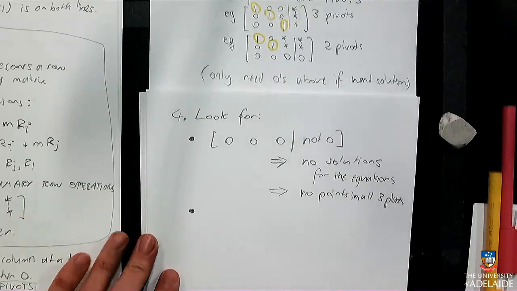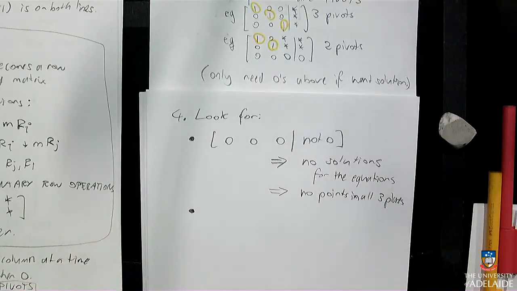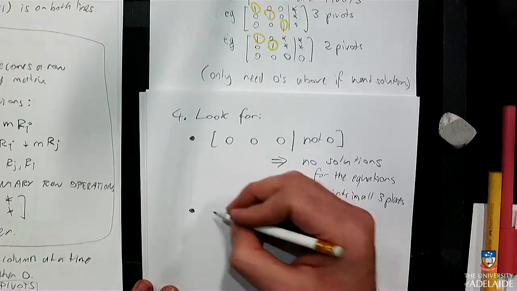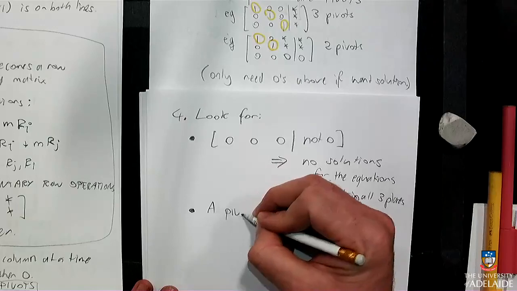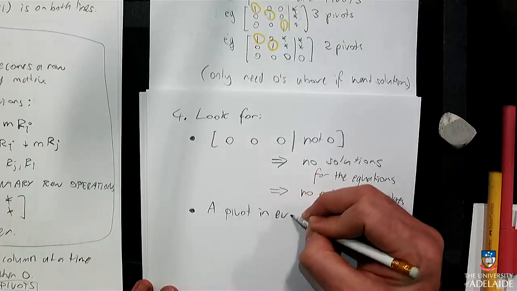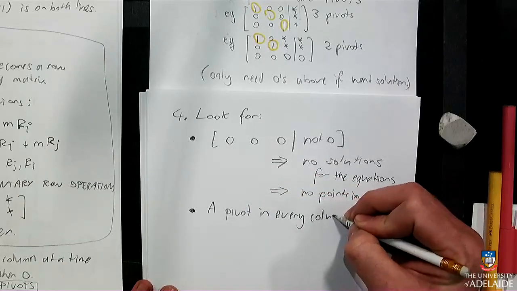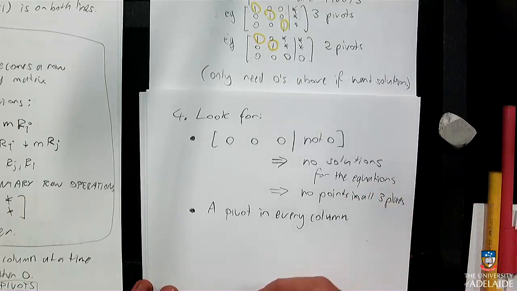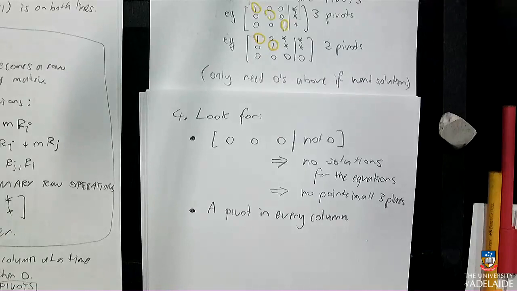Second thing you might look for is there being a pivot in every column. And you can tell when there's going to be a pivot in every column. You don't have to actually produce the ones as long as it's possible to produce the ones in the future from what you've got.